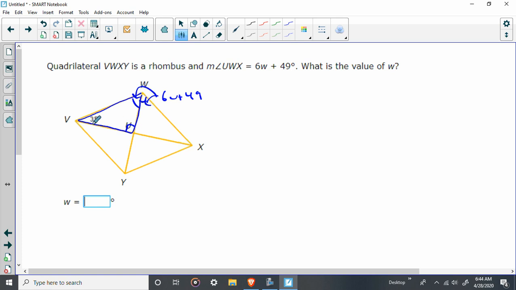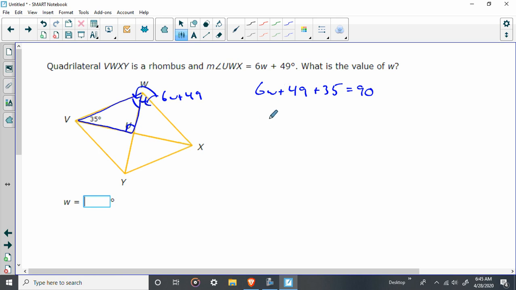So what do I know? Well, if there's 90 there and this is a triangle, these two have to be complementary, right? So we're going to say 6W plus 49 plus 35 is equal to 90. Again, I know the urge to set them equal to each other, and they're not equal.